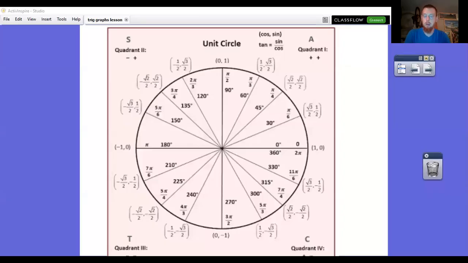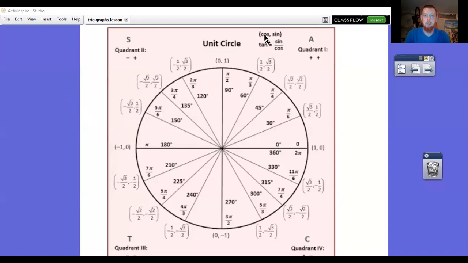So let's start off doing a quick review from way back when, a whole month ago, when you did your unit circle project. Okay, so here's the unit circle. I know that your unit circle projects were great because the ones that my students made were great. So the 2 trigonometric functions that we're going to focus on graphing to start off with are the sine function and the cosine function.